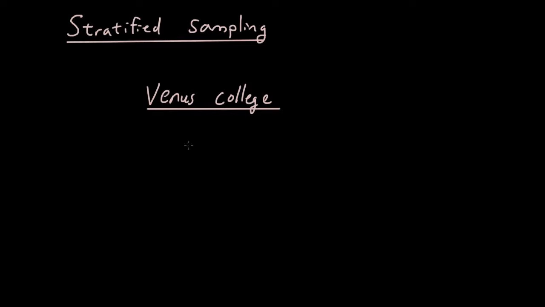The first method is called a census. What the census does is it collects information from every student in this college. So let's say in Venus College there were 2,000 students.